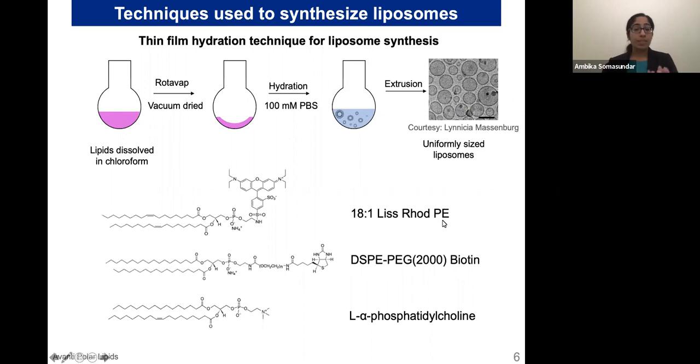The first lipid has a rhodamine molecule that enables us to visualize it under the confocal fluorescence microscope. The second lipid has a biotin head, which allows us to attach enzyme onto its external surface. The third lipid is the backbone lipid, which constitutes about 95% of the lipid vesicles.